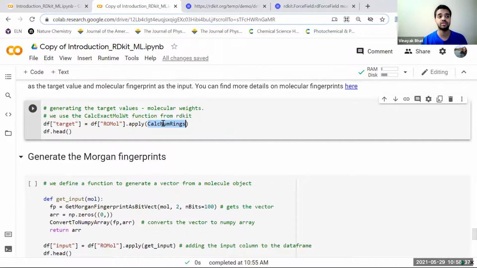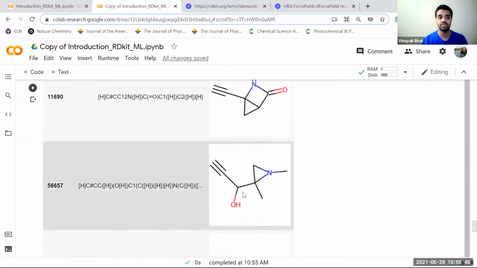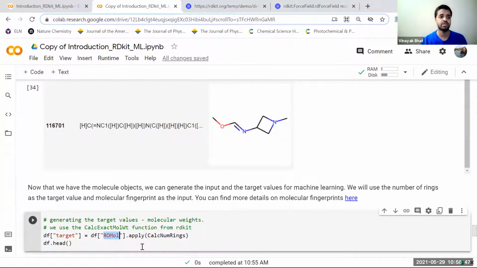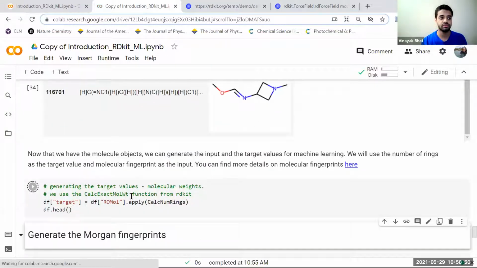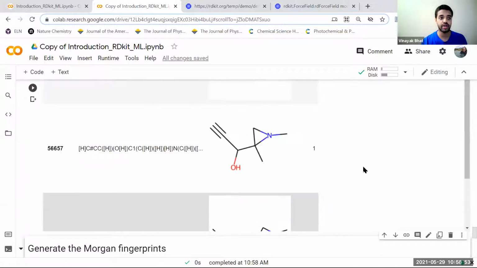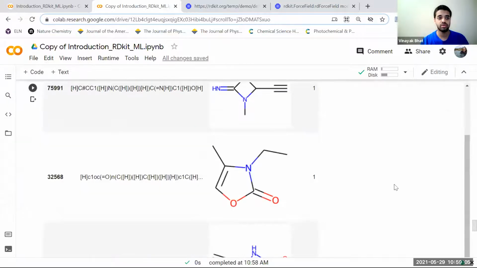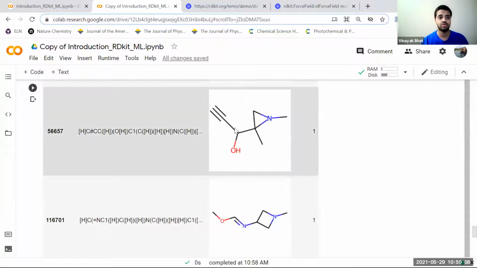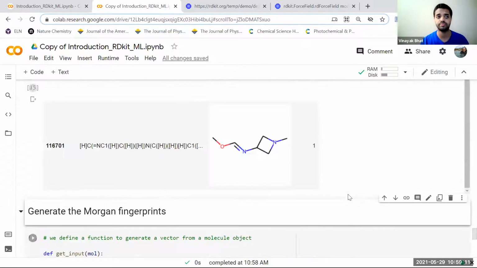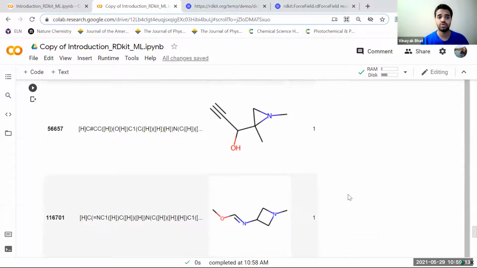So we just pass in a function and apply it on all instances of our mole. If you do that, you'll see a column added called target, and that is what we are trying to predict now. So this one has one ring, this has one, this has two rings, and this has one, and so on. Okay, any questions until this point?